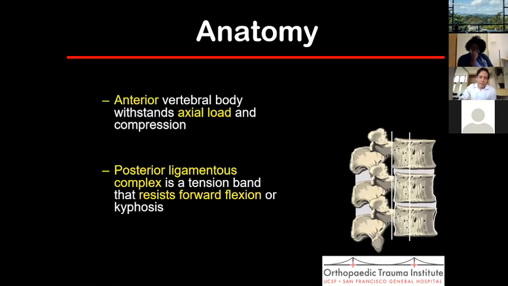If we think about it simply, and this goes back to our two-column approach, the anterior vertebral body's main job is to withstand an axial load. And the posterior ligamentous complex is the tension band that resists forward flexion.